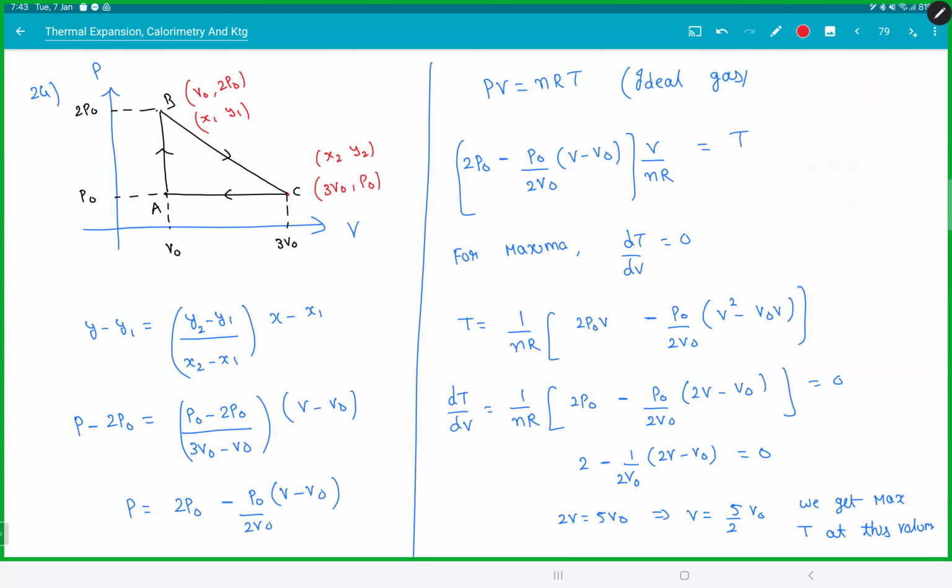That means if you look at this point here, it is not in the center, it is somewhere here. At this point you're getting maximum temperature. It's more closer to that 3.